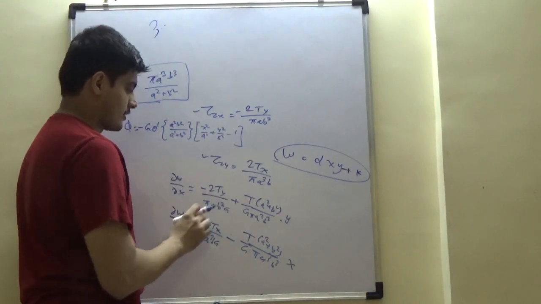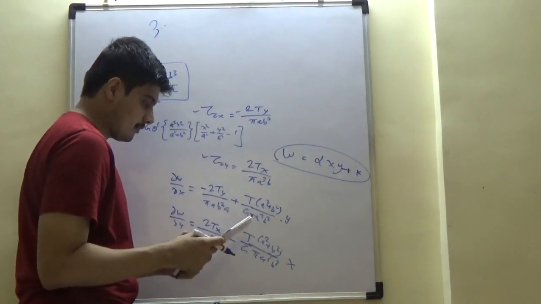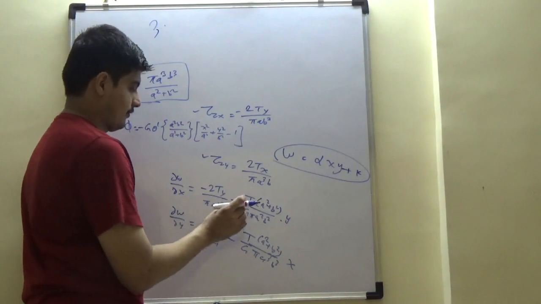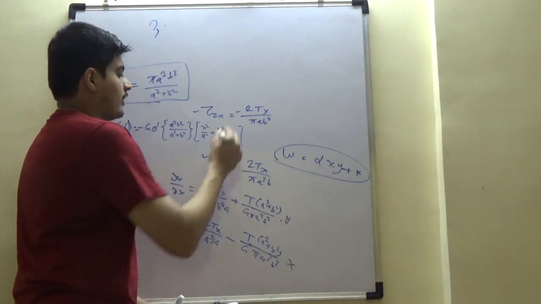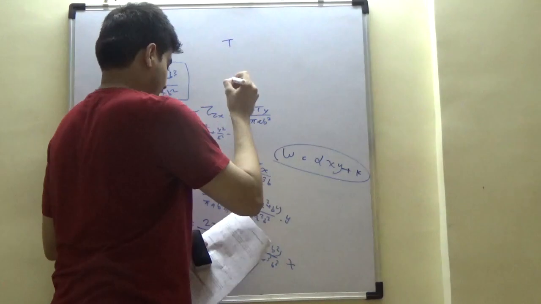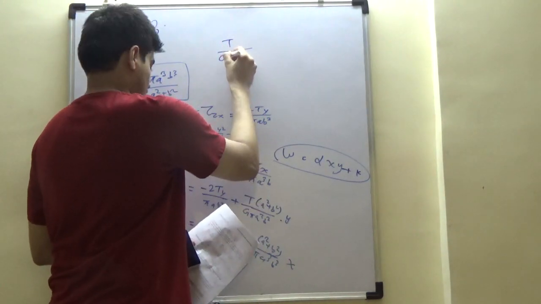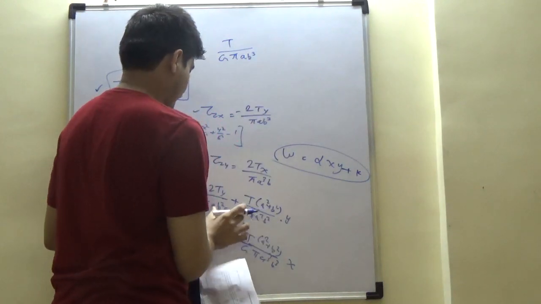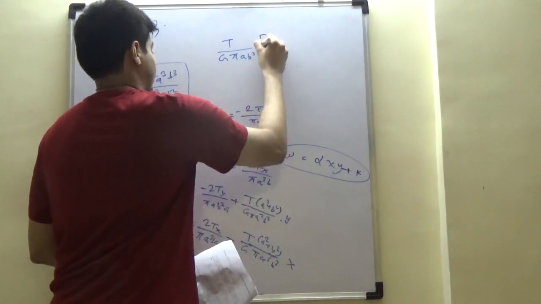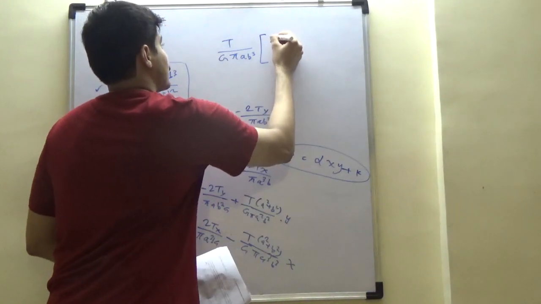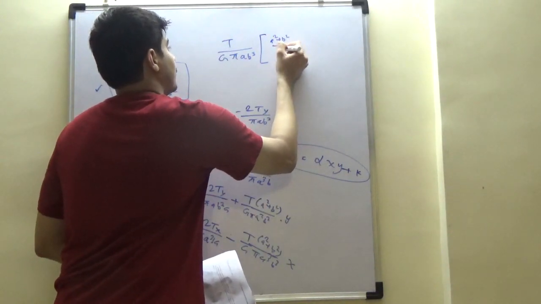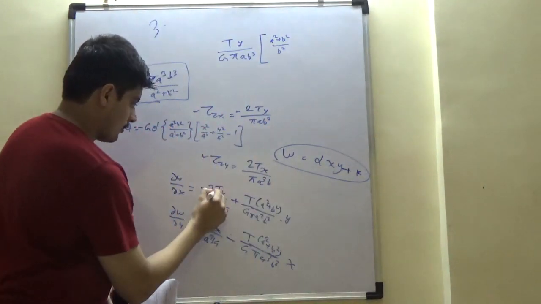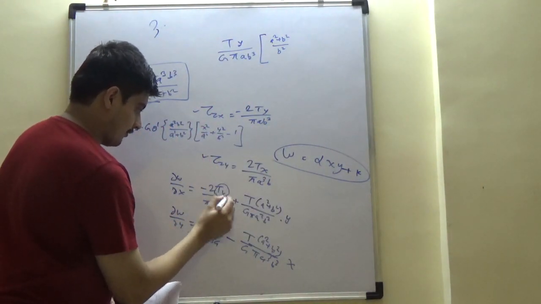If I integrate this, I have to take this out. So what we are saying is t by g pi a b cube will come out, a square plus b square upon b square. Y will also come out. So t y, so I am taking out everything.